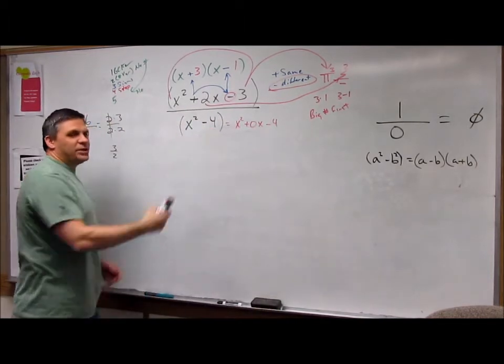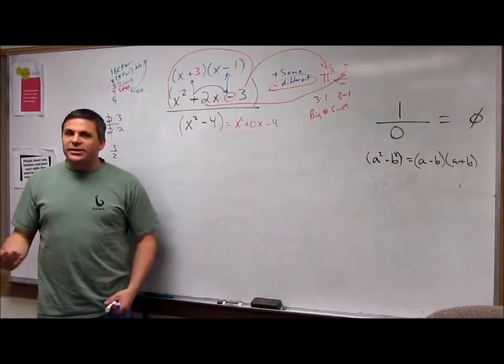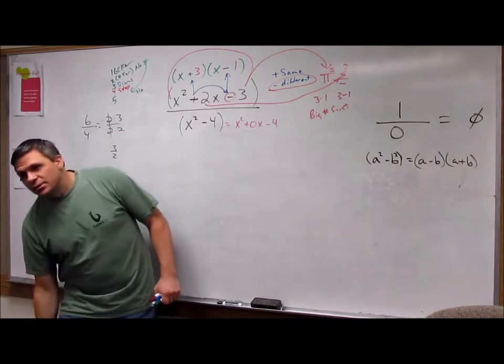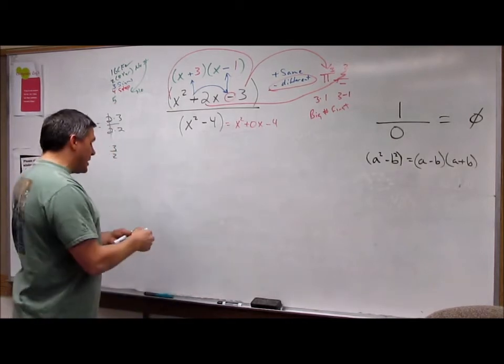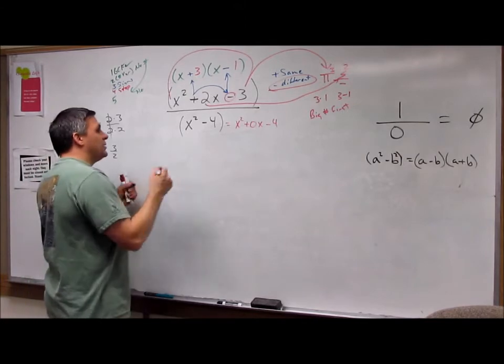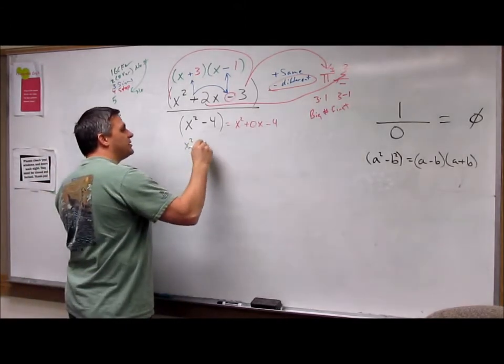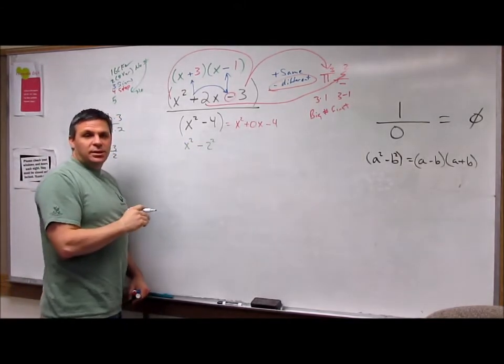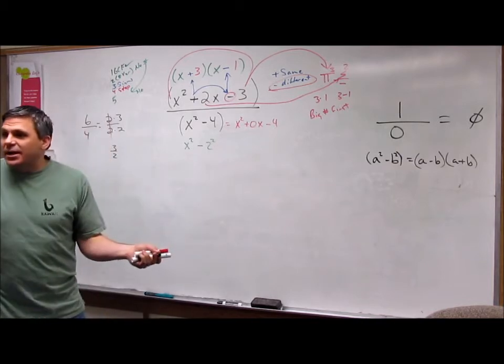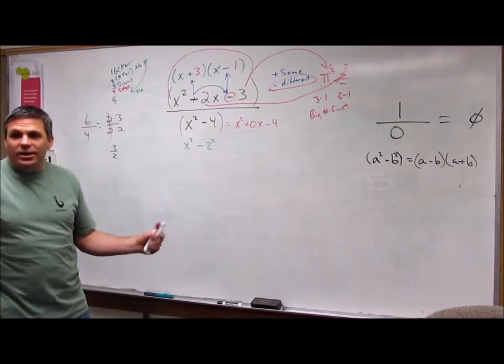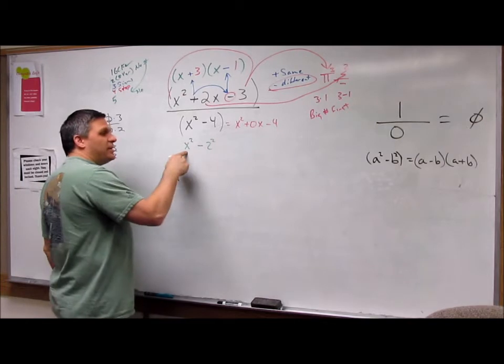So is 4 a square? No. What is it that still equals 4? 2 squared. So I'm going to take a look at x squared minus 2 squared, because that's the same as x squared minus 4, but it's written so I have a square and a square.